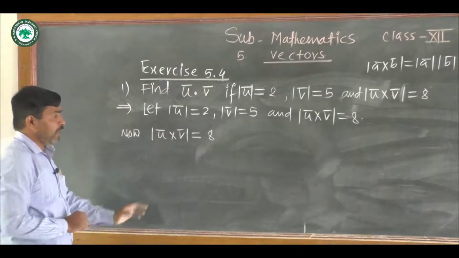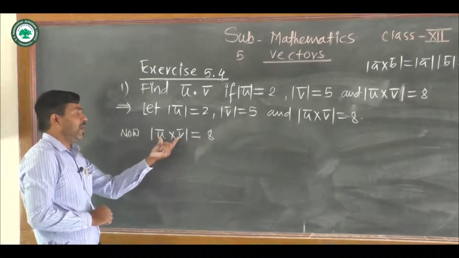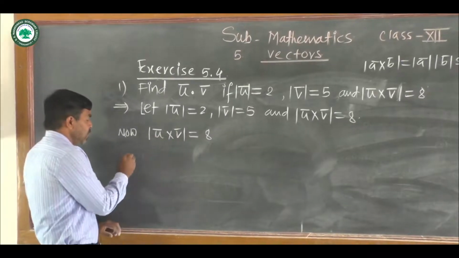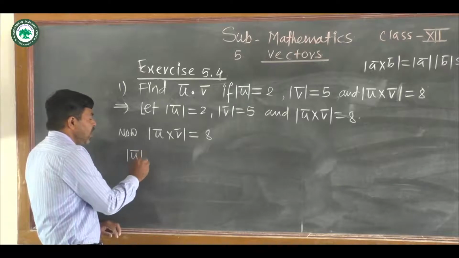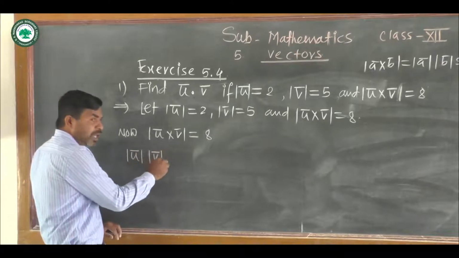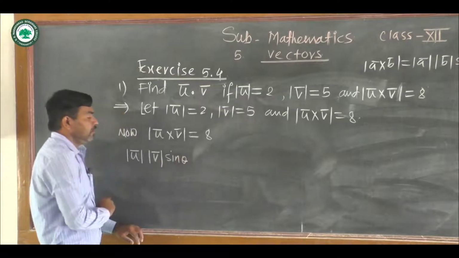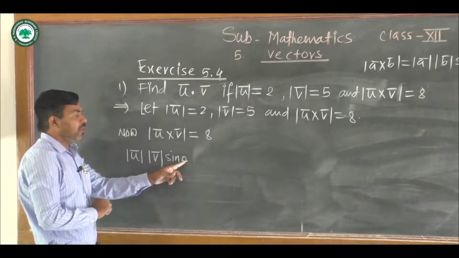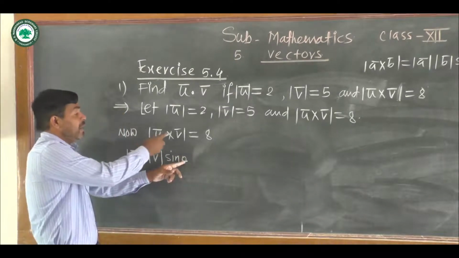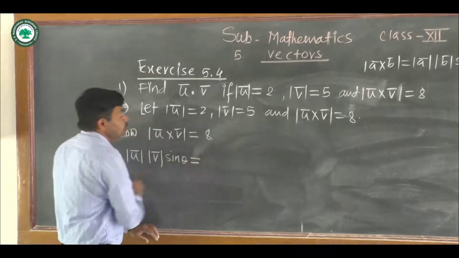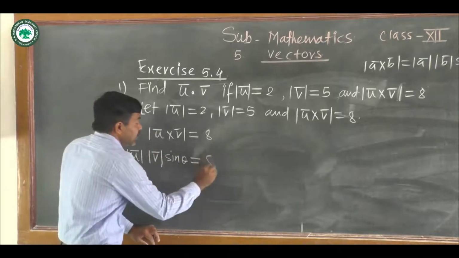But what is the definition of cross product of U bar and V bar? It is magnitude of vector U into magnitude of vector V into sine theta, where theta is the angle between U bar and V bar, and it is equal to 8.